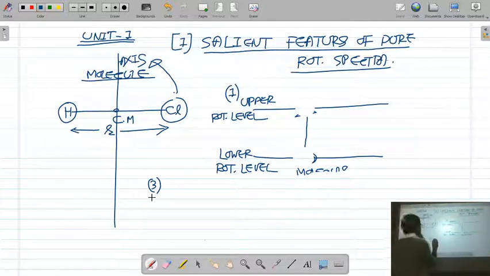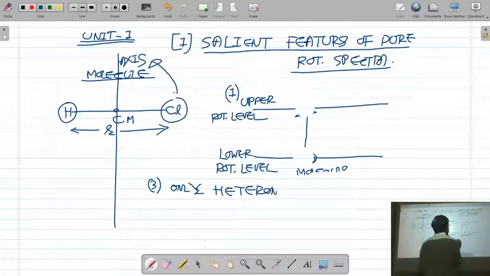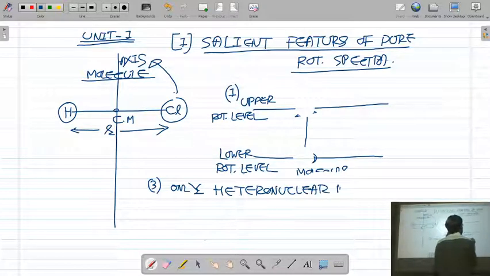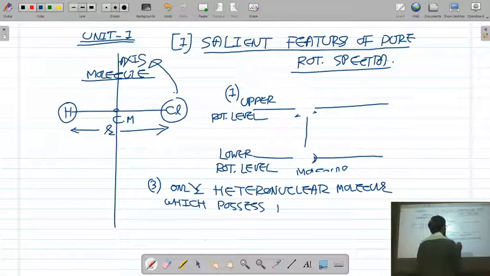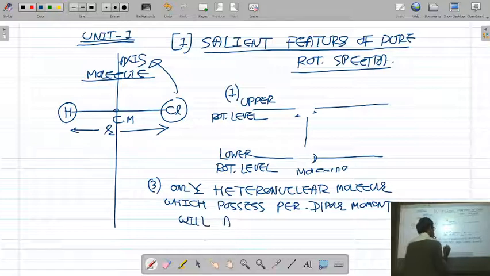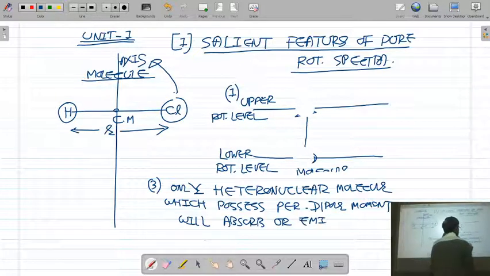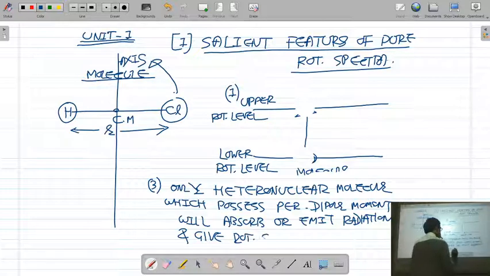So only heteronuclear molecules which possess a permanent dipole moment will absorb or emit radiation and give rotational spectra.